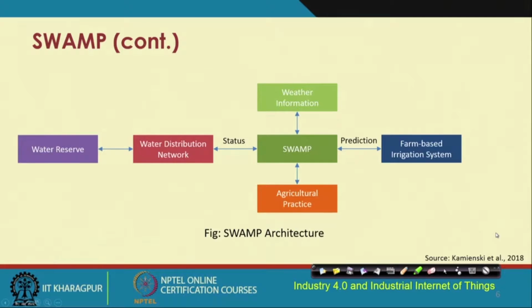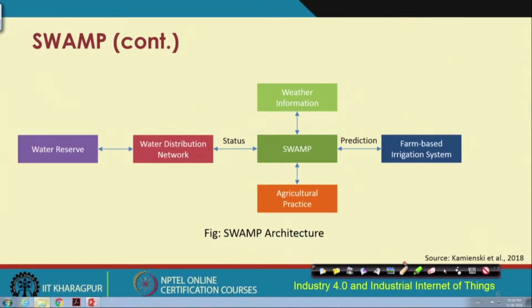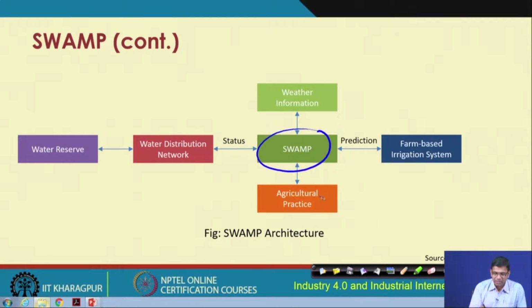So, this is the SWAMP architecture, and as we can see, these are the different components which are interacting with SWAMP: agricultural practice, weather information, status about the water distribution, and data from the water reserve and the water distribution network.